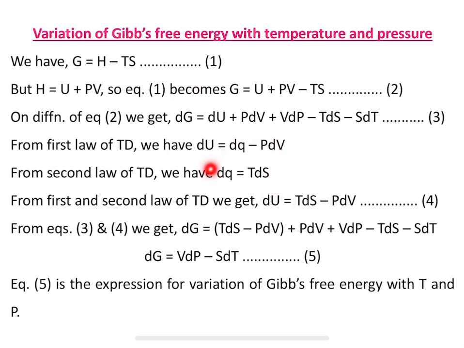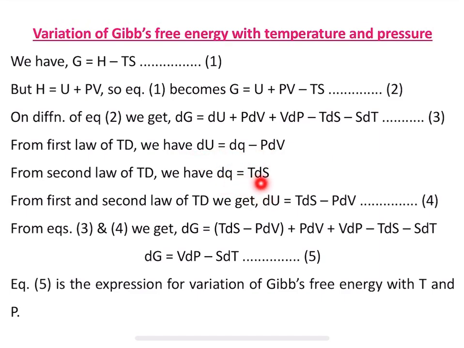Now if you observe these two equations, there is a term called dQ, and according to the second law of thermodynamics we have dQ is equal to TdS. So I can substitute the value of dQ, which is TdS, in this equation. See it properly and listen very carefully.